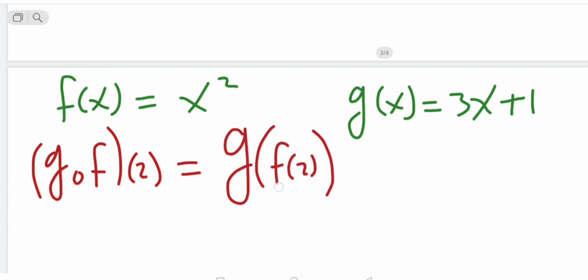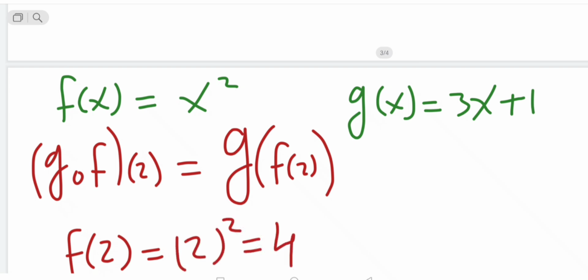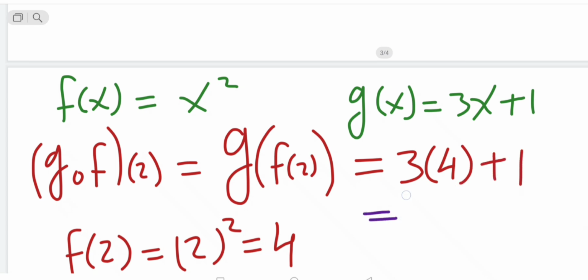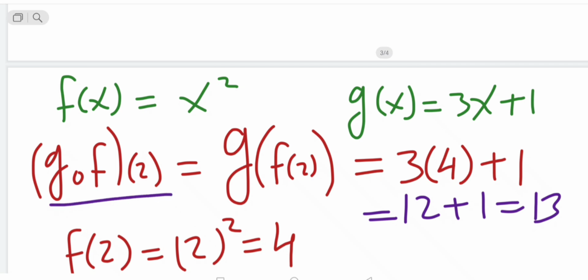First we need to find what is f of 2. At the place of x in f, I replace 2. So 2 square, which is 4. So f of 2 is 4. So f of 2 we will substitute in g. So the input is 4 in g, which equals 3 times 4 plus 1, replacing x with 4. So 3 times 4 equals 12 plus 1 equals 13. So g o f of 2 equals 13.